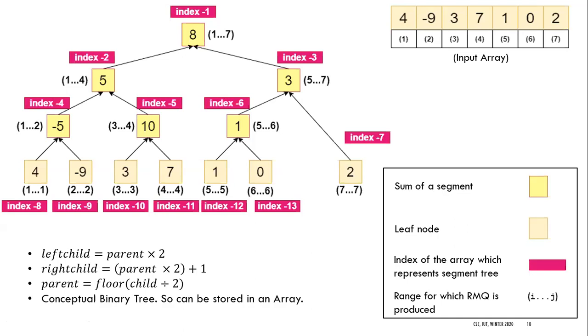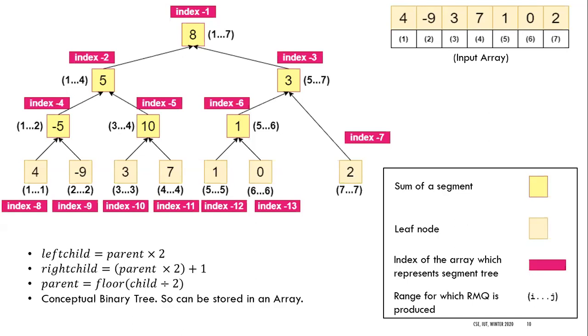The division will be based on this node. This node represents the values from index number 1 up to index number 4. So how can I make the division? For making the division, I need the value of the mid. So how can I find the mid? That is, begin plus end divided by 2, and take the floor value. Here 1 plus 4 divided by 2 is 2.5 and the floor of 2.5 is 2.